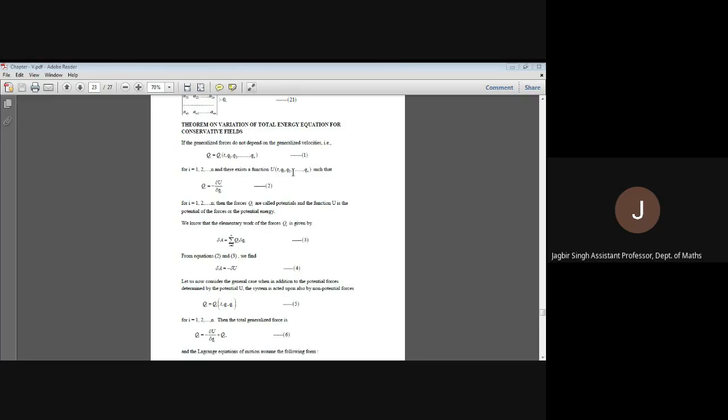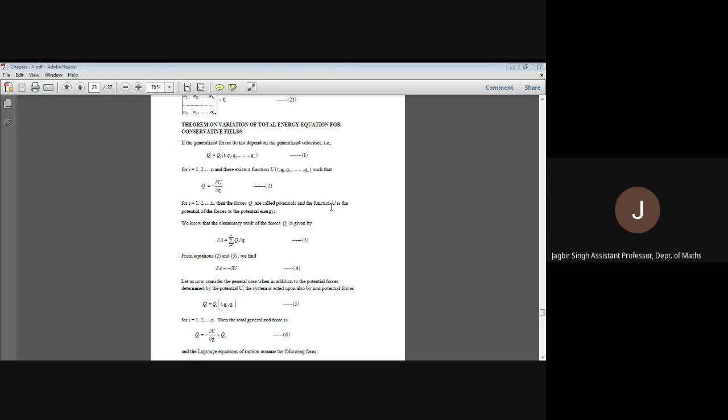Again, if we are considering those forces which depend on velocity components also, in that case, we will partition the expression into 2 parts. The first part which does not involve the velocity component, and the second part which involves the velocity component. The first part which does not involve the velocity component will have properties similar to the earlier discussion, meaning equations 1 to 4.